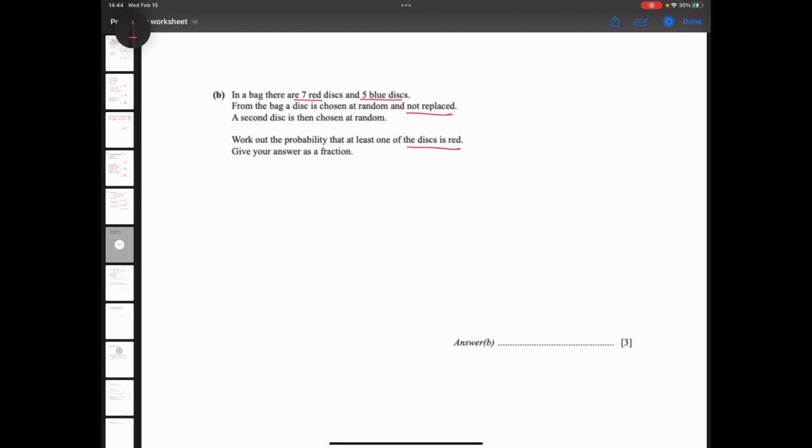At least one of the discs is red. So here, let me tell you something. So it can be red, red, red, blue, blue, red, blue, blue. When they say that at least, and this is always with this type of questions, we use something known as reverse probability.